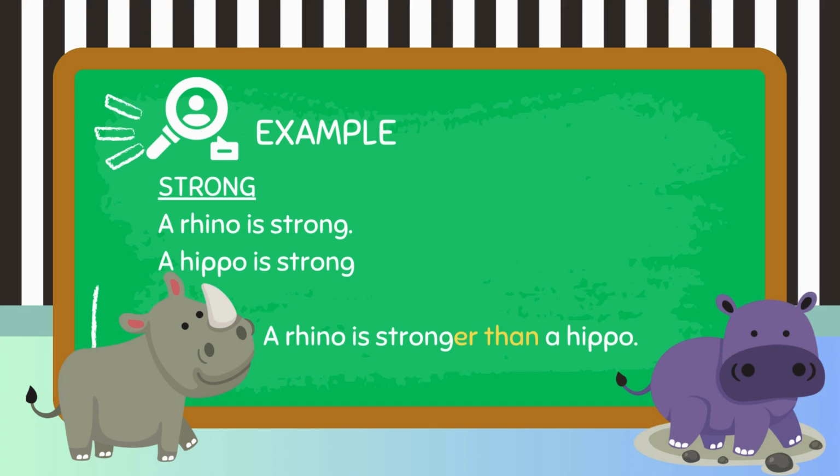We have 2 animals here, a rhino and a hippo. A rhino is strong. A hippo is strong. When we compare between rhino and hippo, we say a rhino is stronger than a hippo.